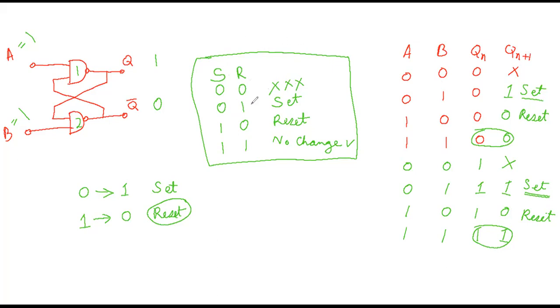A dual command means it cannot function. If there is no command, there will be no change, and only 2 commands are left, set and reset. Okay. So this is the thing I wanted to develop.